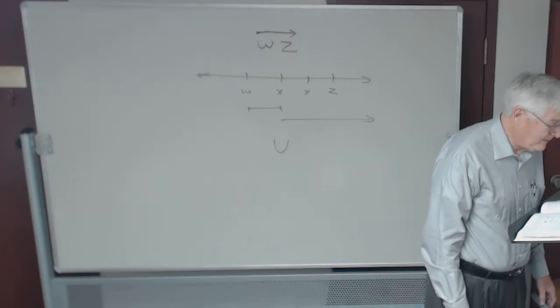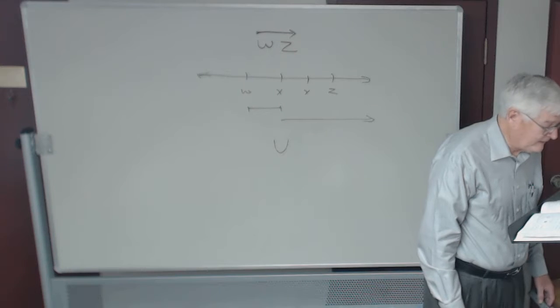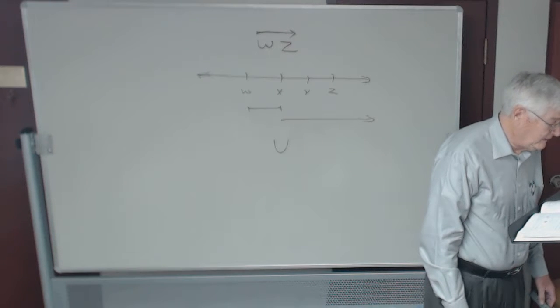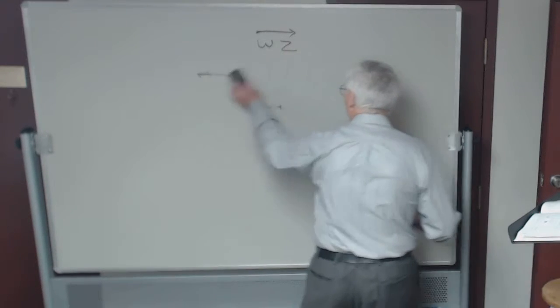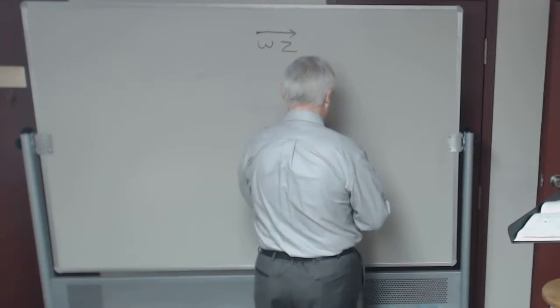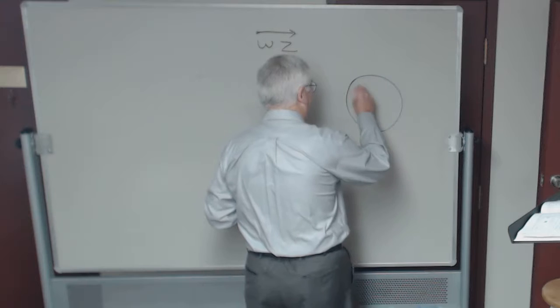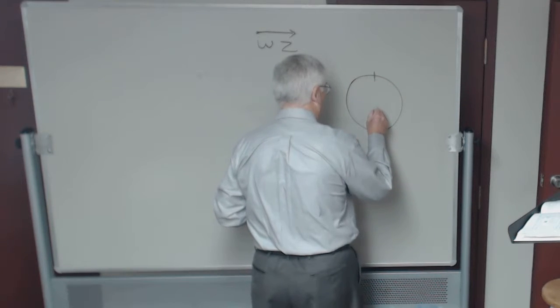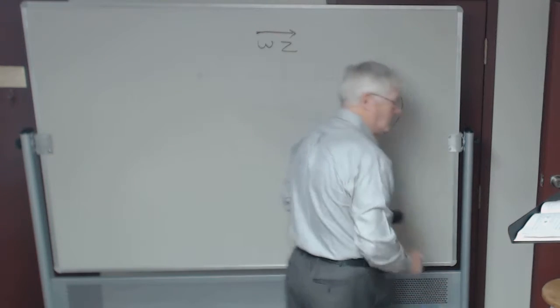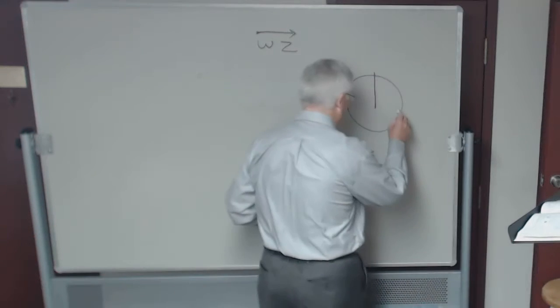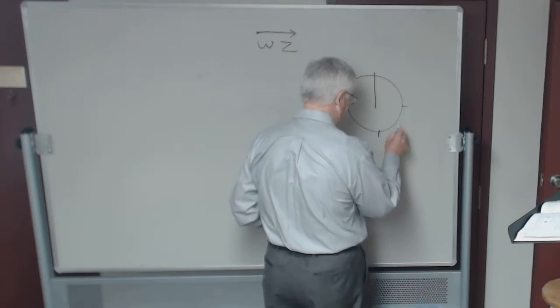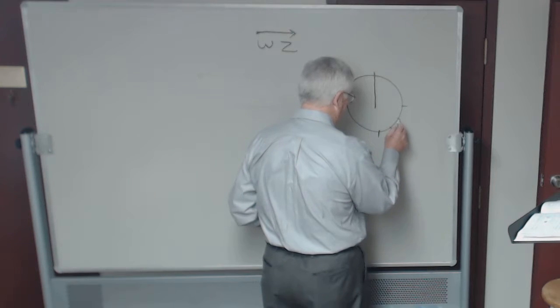Number 3. How many degrees does the hour hand of a clock turn in the following times? From noon, that would be straight up and down, right? To 4 o'clock? Here's 3, here's 6, here's 4, here's 5.